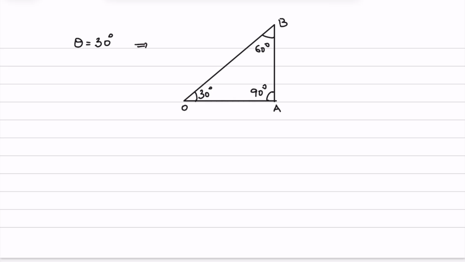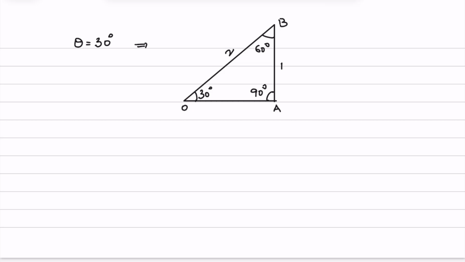Remember that in case of theta 30 and 60, we'll take the hypotenuse as 2. Hypotenuse as 2. And the opposite of 30 as 1.